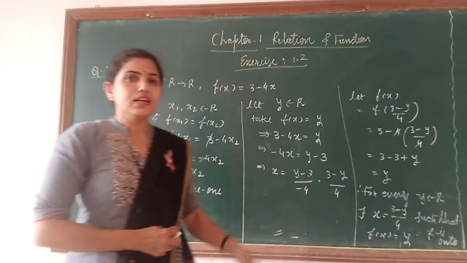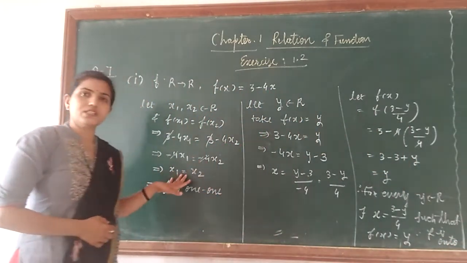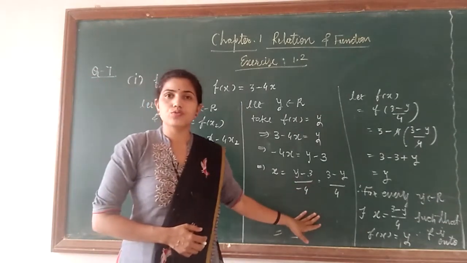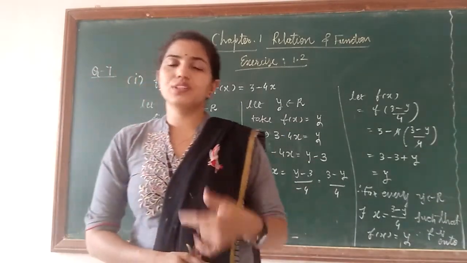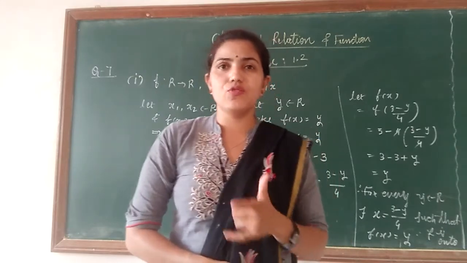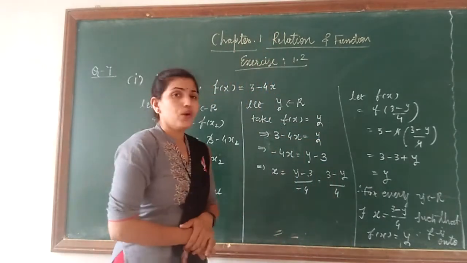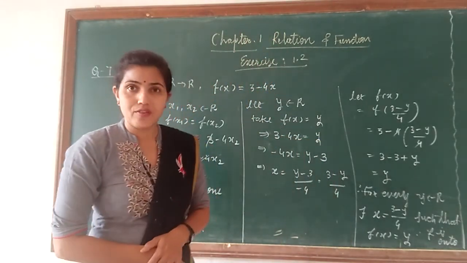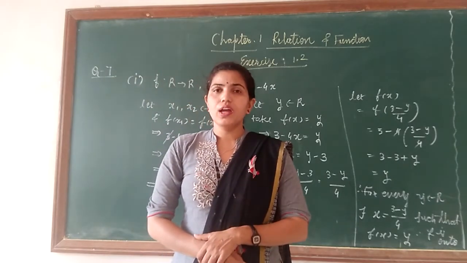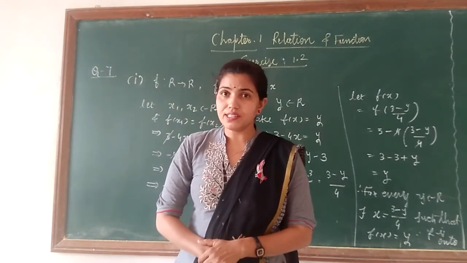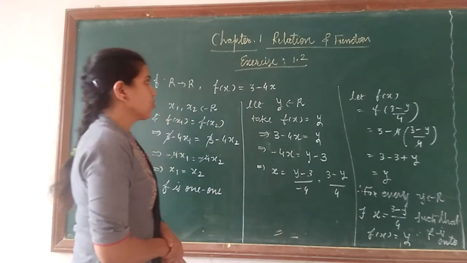So now students, the thing is over. The function is one-one and onto. And as the function is one-one and onto, therefore it is a bijective function. So your answer is the function f is one-one and onto, and therefore the function f is a bijective function. That will be your answer.